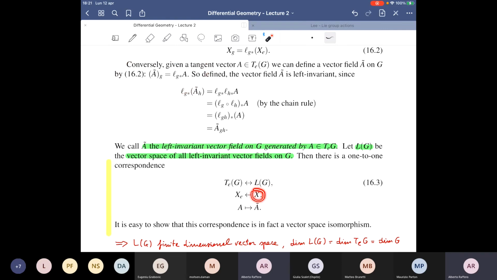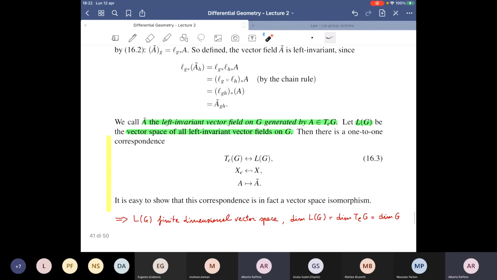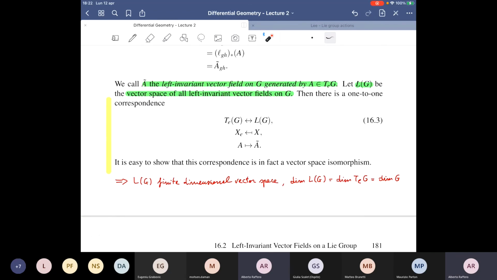Conversely, start with a left invariant vector field on the manifold and evaluate it at the identity to obtain a tangent vector at the identity. In this way, you get a bijection between the tangent space to the Lie group at the identity and the space of left invariant vector fields. It is actually linear. It is easy to show that such a map is linear. And in fact, since it is bijective, you will get that it is a vector space isomorphism.